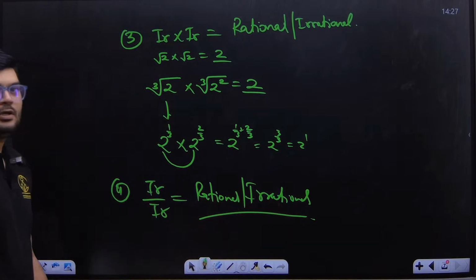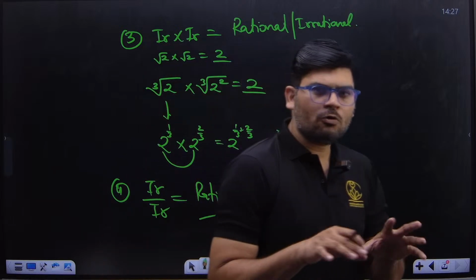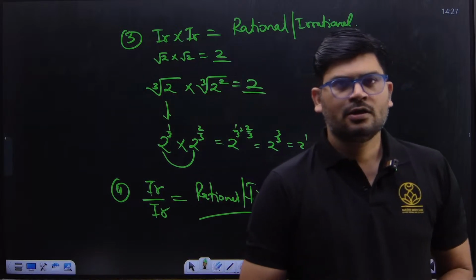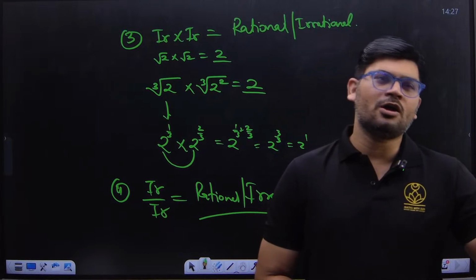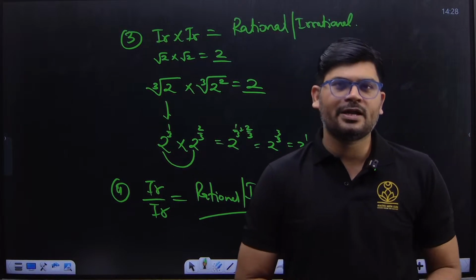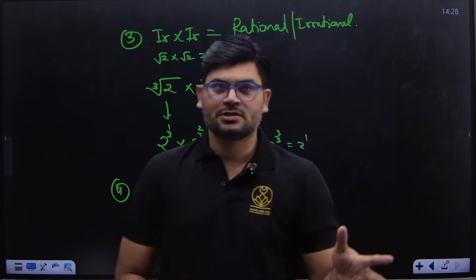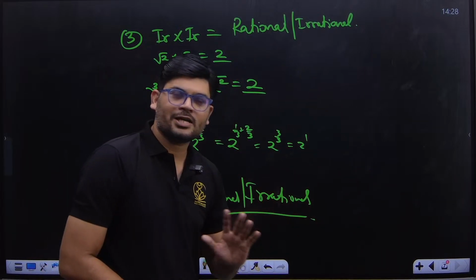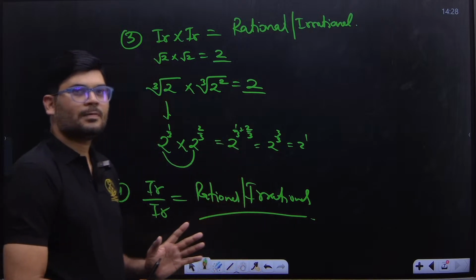So if you look at the overall entity, irrational plus, minus, multiplied by, or divided by irrational, you are liable to get either rational or irrational. Nothing is fixed. Understood?